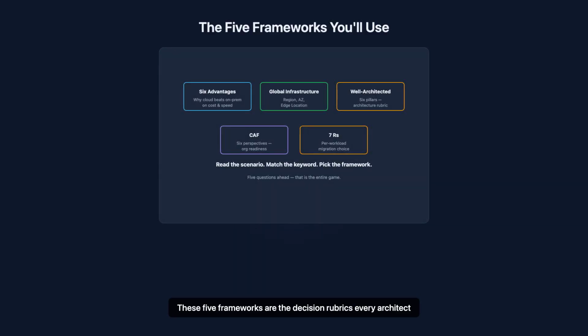These 5 frameworks are the decision rubrics every architect and cloud engineer reaches for in real migrations and designs. 6 advantages: why cloud beats on-prem on cost and speed. Global infrastructure: regions, AZs, and edge locations. Well-architected: the 6 pillars architects use as a design rubric.